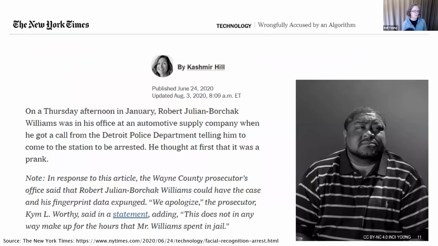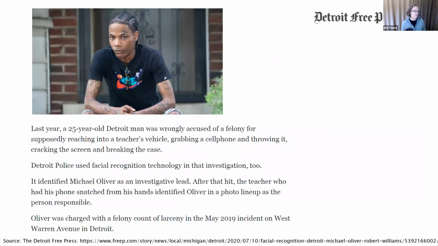So I've got three different articles. This was a guy in Detroit, Robert Williams, who was arrested and spent the night in jail until they realized it was a bad match. This is a guy, Michael Oliver, in Detroit, and he has since sued the group that arrested him.